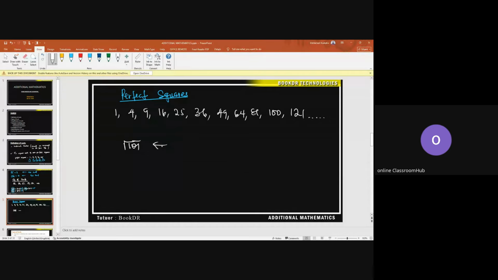So this is a surd. I hope it's clear now. Yes, sir. Good. So a surd is the square root of any non-perfect square. So that is that.